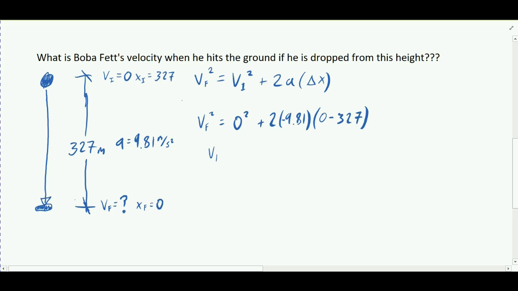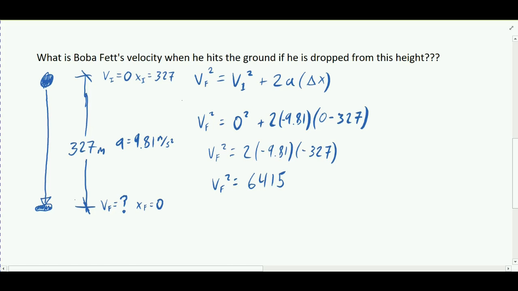Let's just rewrite it so that it is easy to see. 2 times negative 9.81 times negative 327. All right. VF squared equals 6,415.